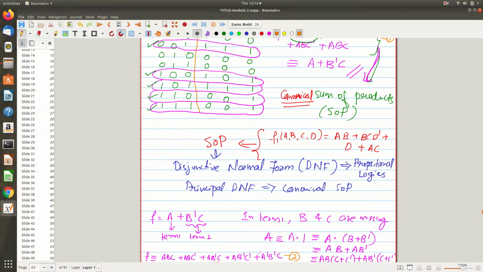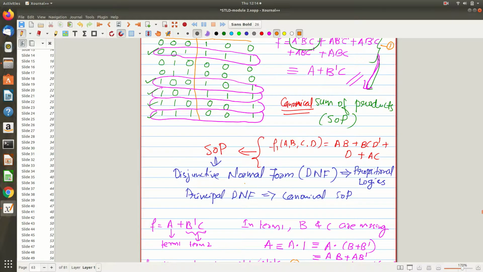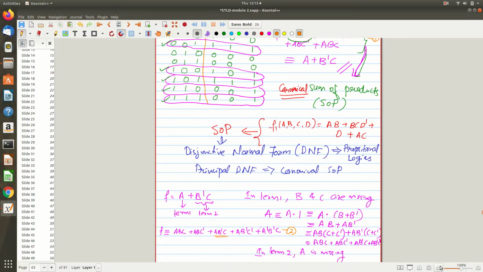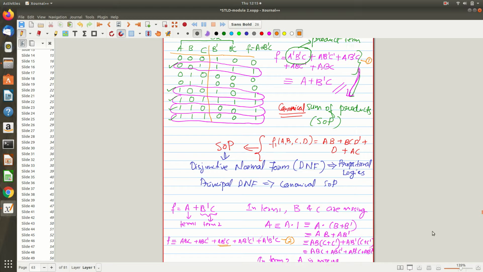Now they are on different screens, as I find it difficult to put them in a single screen, so let me minimize so that you will see them in a single screen. See, now you can verify. All these terms will be A dash B dash C, somewhere it will be there, it is here, right? AB dash C dash is here, AB dash C is here, ABC dash is somewhere here. Okay, ABC. So both are the same.